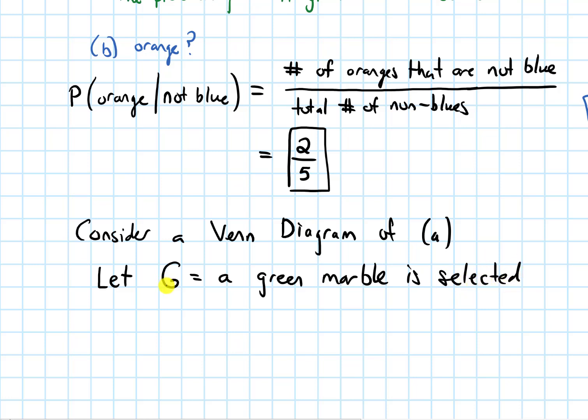And the other event was that a blue is not selected. So let me call that N for not. A blue marble is not selected.